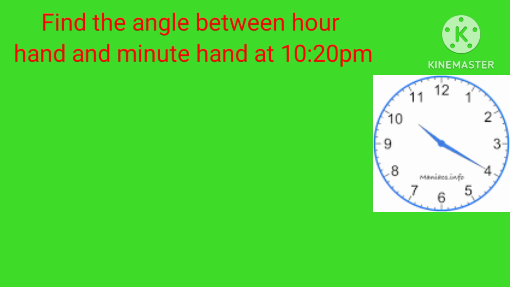The clock looks the same whether it is 10:20 p.m. or 10:20 a.m. This type of question is different from the earlier ones in that here time is not completely in hours but some extra minutes are there.